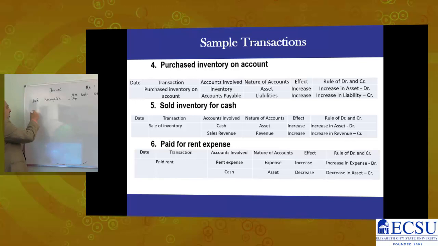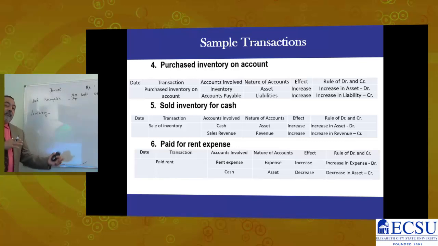So that's one account, inventory. What is the other account? It says purchase on account. Whenever you hear that word on account, you should always keep in mind it has to be either accounts payable or accounts receivable. If you are going to receive the money, that's going to be accounts receivable. But if you're going to pay the money, it's going to be accounts payable.